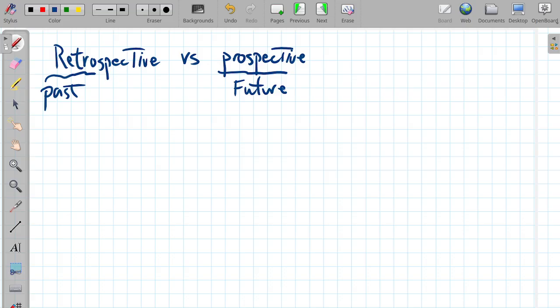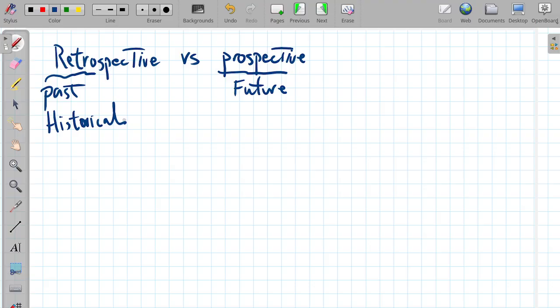Much research is done retrospectively. Again, medicine's probably an easy way to do it, or I guess you could analyze tax returns too. You could analyze a lot of things that are historical. So let's stay with the medical theme. Let's say you want to look at the medical outcome of a population of people who had diabetes.